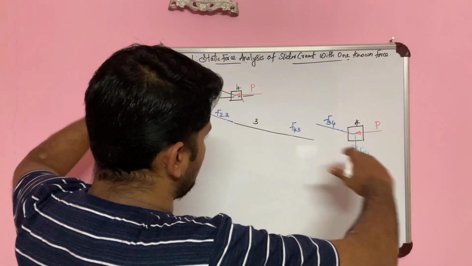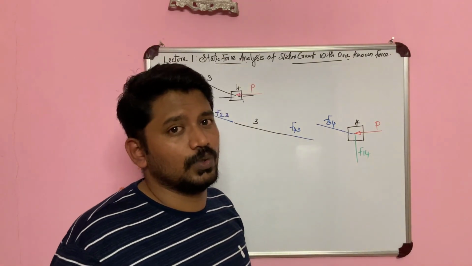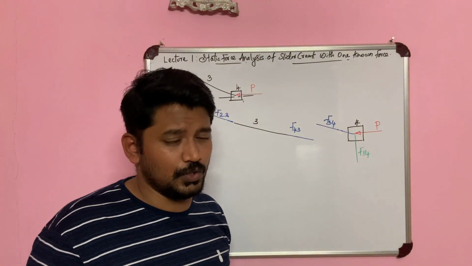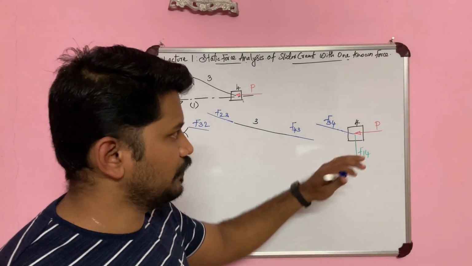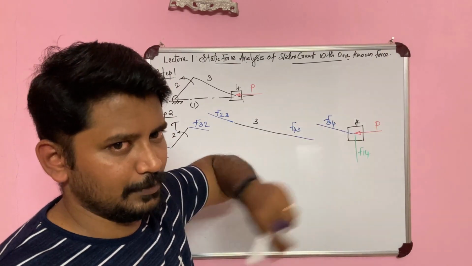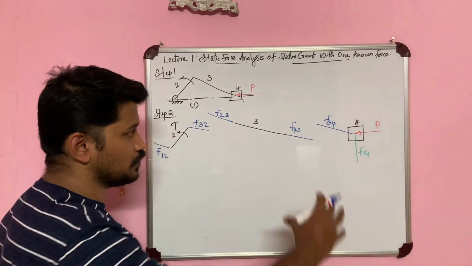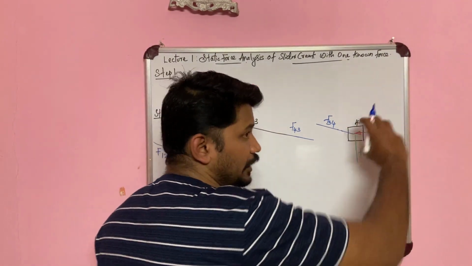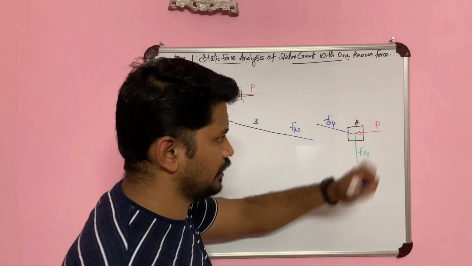I don't know the magnitude as well as the direction. So that we have to find out by drawing the force polygon of this link, that is my link number 4, because the only known force that we have is P, and that is being acted upon over here.